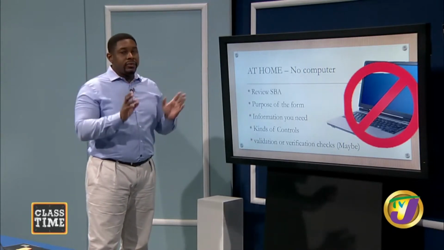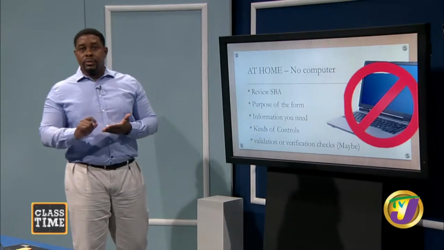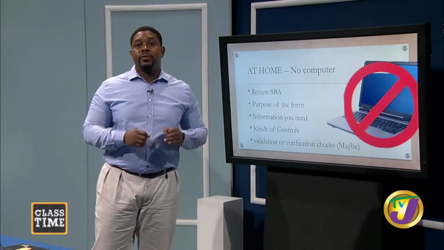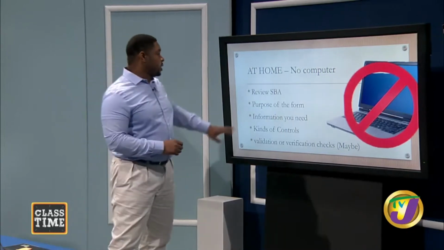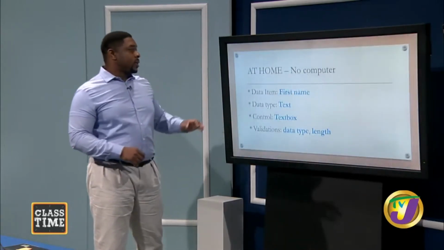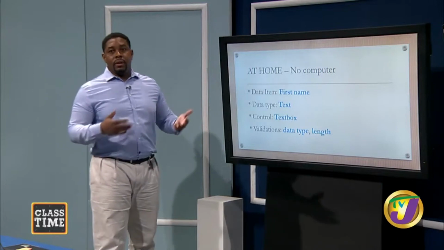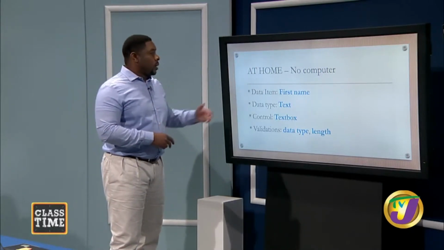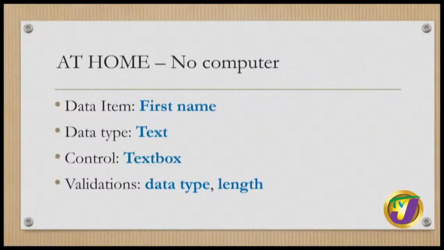And when you've identified these things, you begin to write them down. Just jot them down and make sure that you understand what you should have for your form. So for example, you might need to have a first name in your SBA form. It would make sense for you just to jot down, okay, the data item I need is first name.